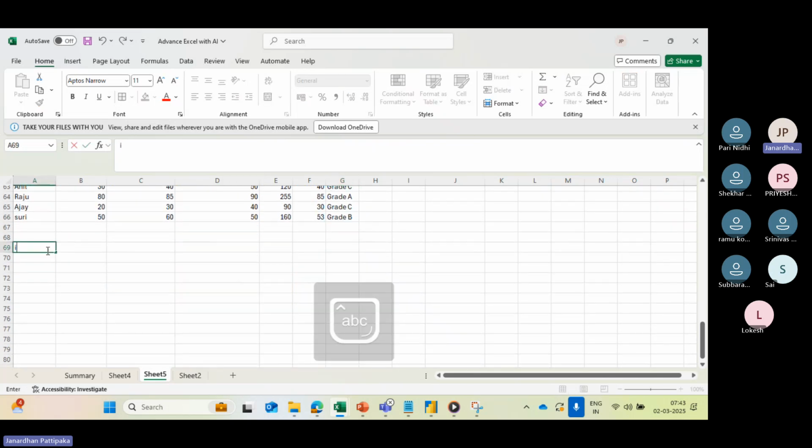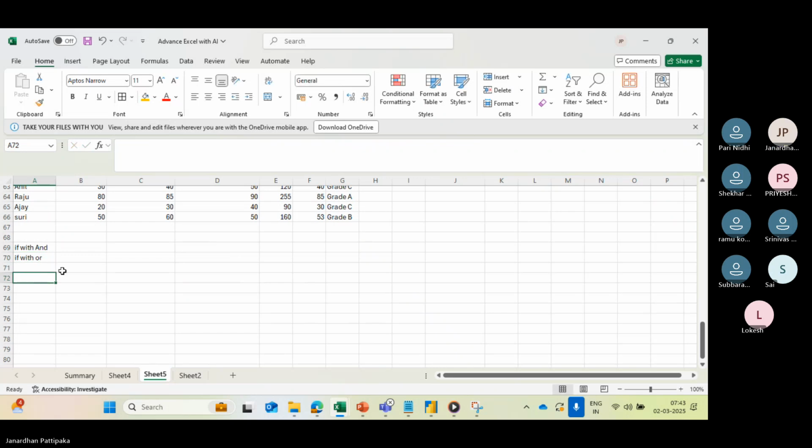So in order to use multiple if with and, this is also very important. We can use if condition along with and, and we can use if condition with or. So what is the difference between these two?